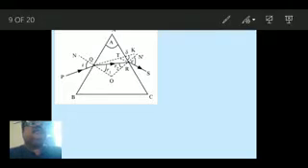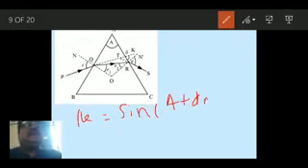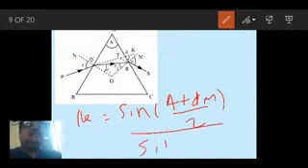So the formula of refractive index of the medium of a prism is mu equal to sine of (A plus dm) by 2, whole divided by sine A by 2.